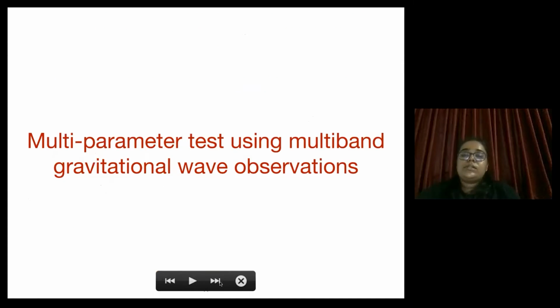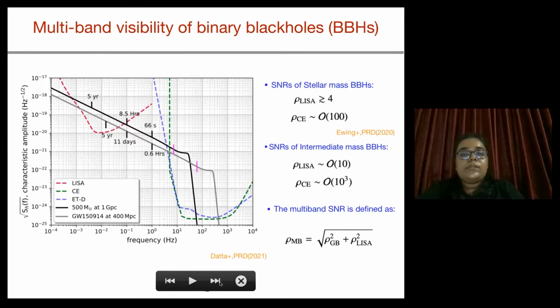Now let's move over to the multiband aspect and how we can use this to do these multi-parameter tests. This plot shows the sensitivity curves of the various detectors, which are plotted in dashed lines, and the solid lines show the characteristic amplitude of GW150914 and a system of 500 solar masses.